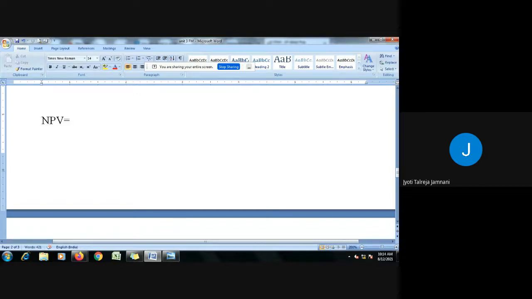So suppose he has 5 projects and he has a limited amount. Out of 5, he has to select one and invest in that. So out of those 5, which one to select, to decide that we do the investment decision techniques.